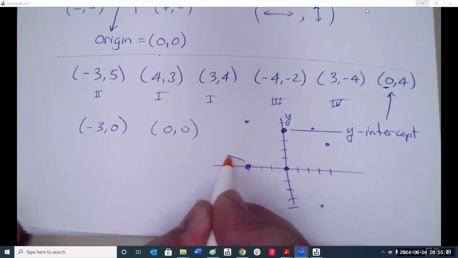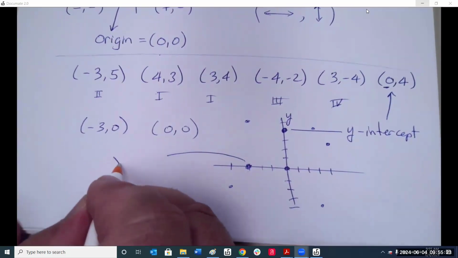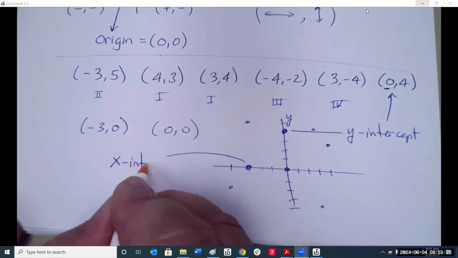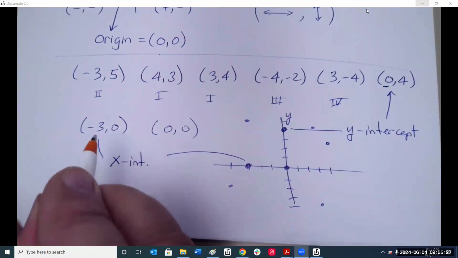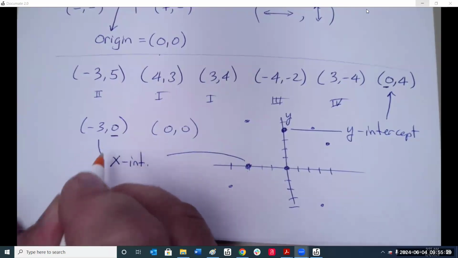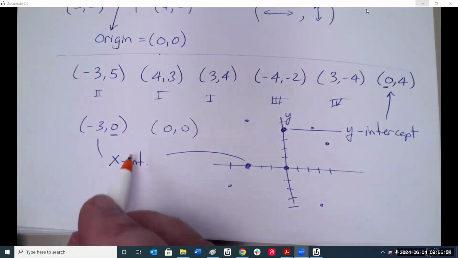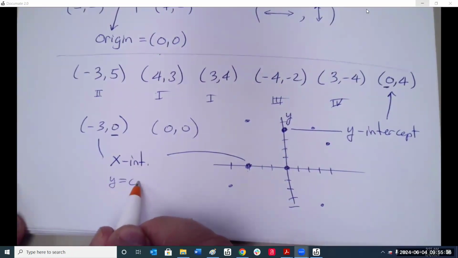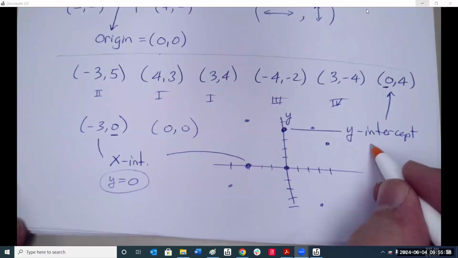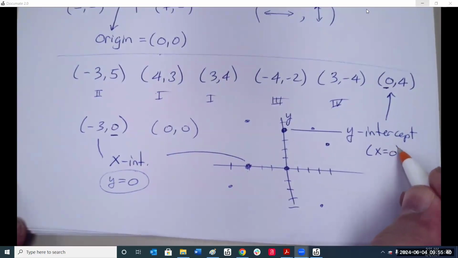And if it lands on the x-axis, it's called the x-intercept. And if you notice about the x-intercept, the y value is 0. So for the x-intercept, y equals 0. For the y-intercept, x equals 0.